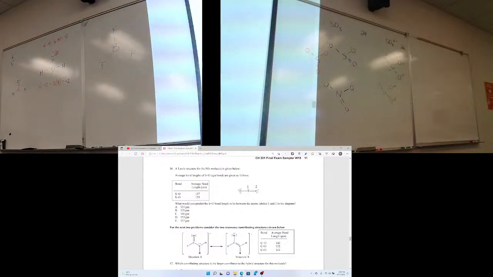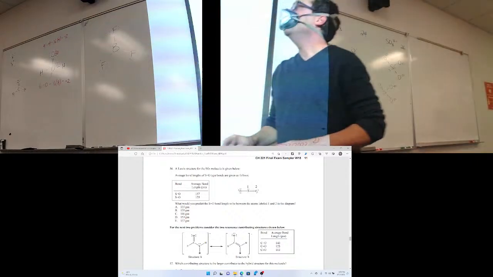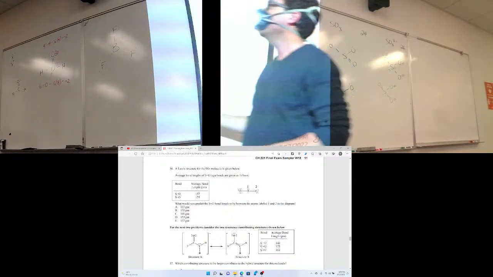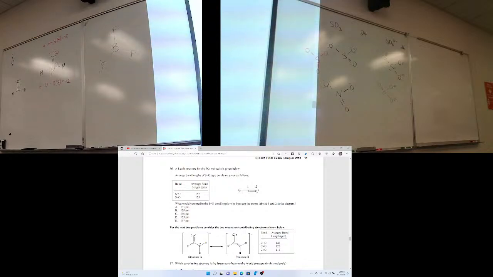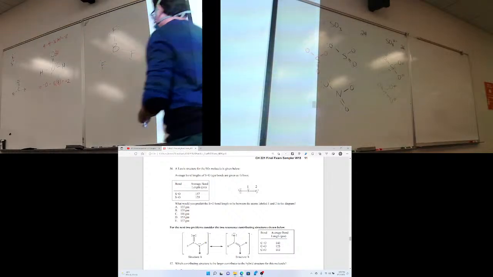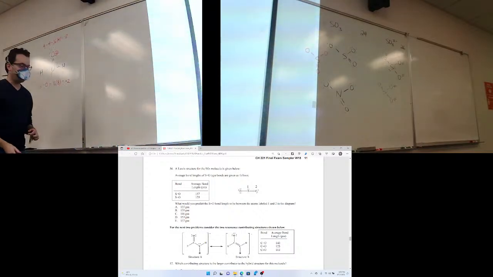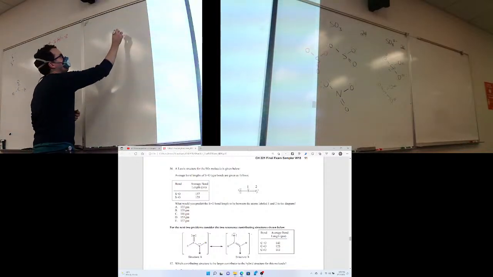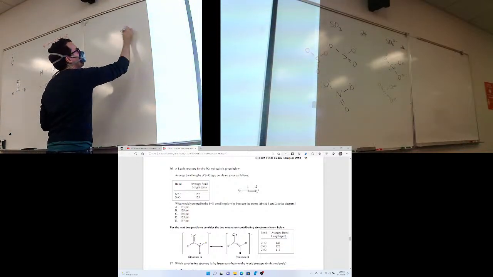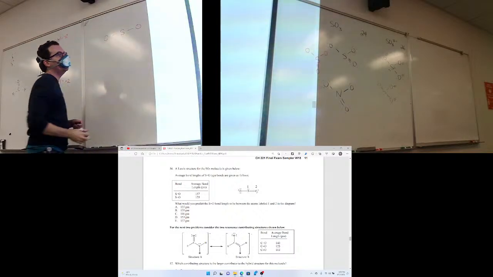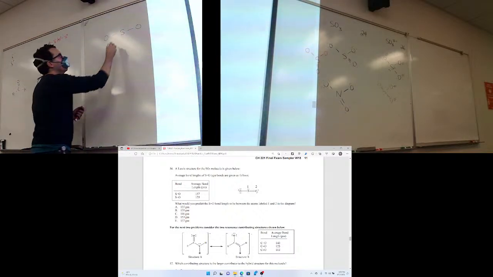What would you predict the SO bond length between these two atoms to be? The trap answer, if you just circled A, you'd be wrong. A lot of people will say it's a double bond, so it's 135. No, it's not, because what you fail to recognize is there's resonance in this structure. The S and O double bond could have easily been drawn on the left side, like that.